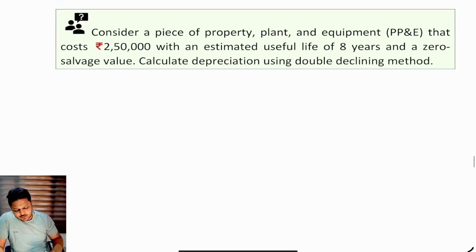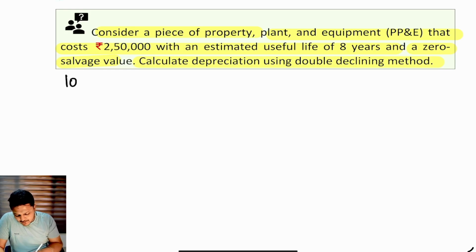Now let's consider the question. It says, consider a piece of property, plant, equipment that cost rupees 2,50,000 with an estimated use of 8 years and zero salvage value. Calculate the depreciation using the double declining method. In this scenario, we are provided the useful life of 8 years.